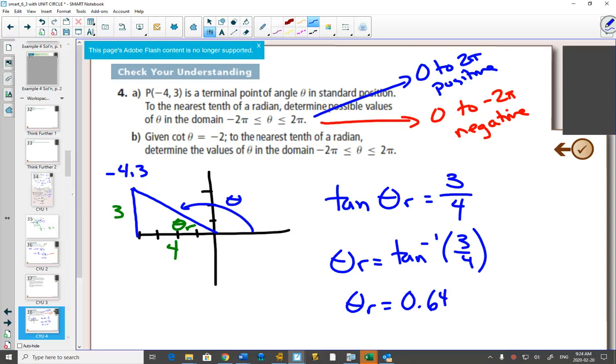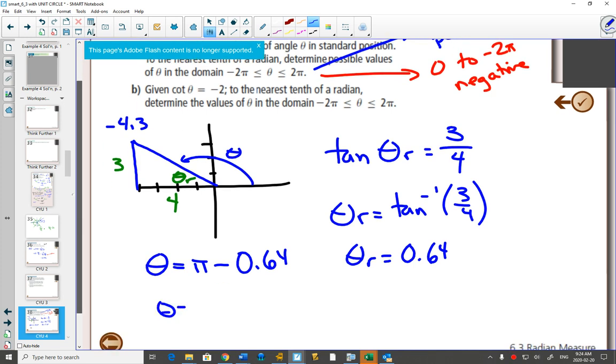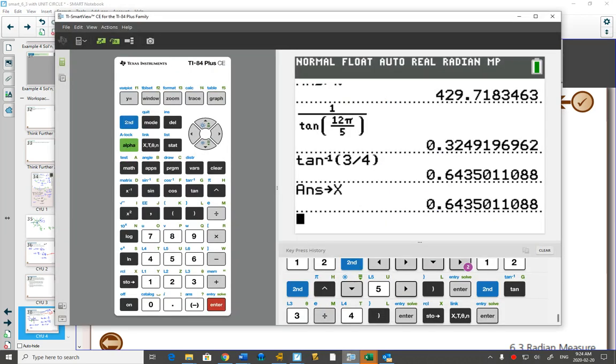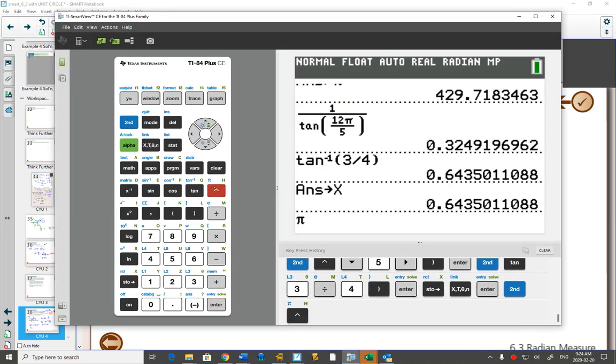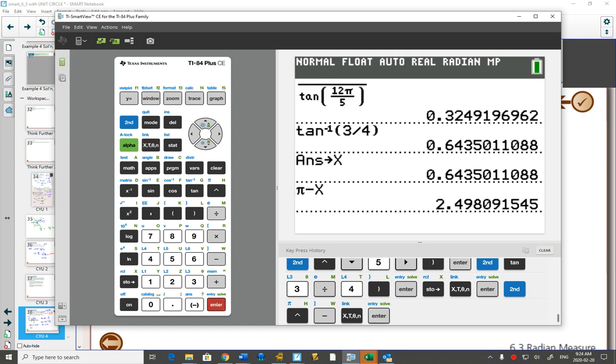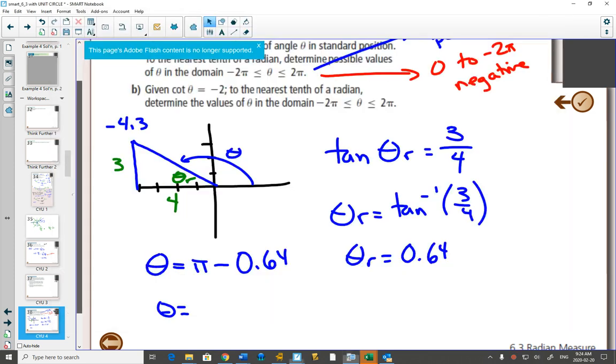But instead of 180, I'm going to use π radians minus my reference angle, which is 0.64. And so I will calculate my angle on my calculator, and this is where it's nice that I've saved it as x. I can go π minus x and get my answer to the nearest tenth would be 2.5.